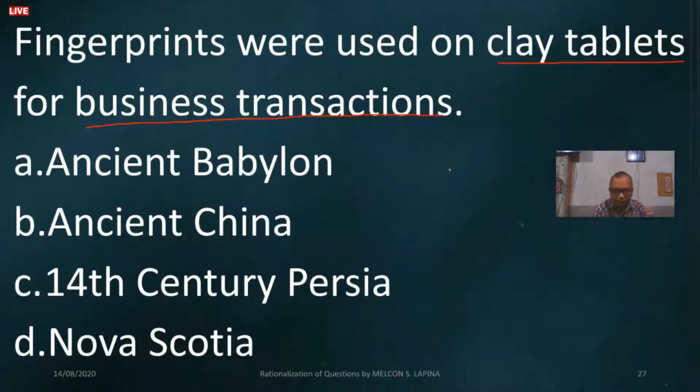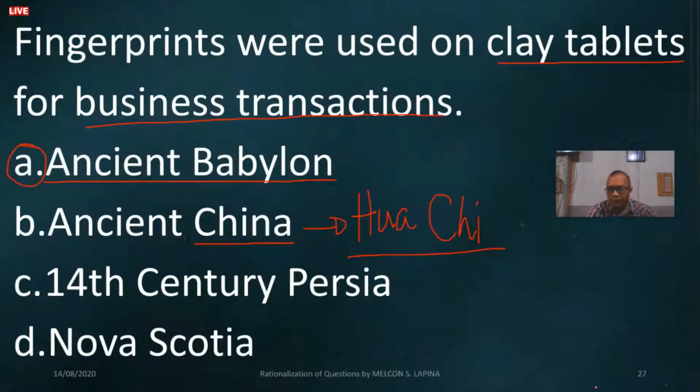Let us just answer this directly without need for further explanation. So the answer is letter A, ancient Babylon. So clay tablets. By the way, sa China, ito naitanong sa board examination, ang tawag nila sa fingerprint ay wa-chi.